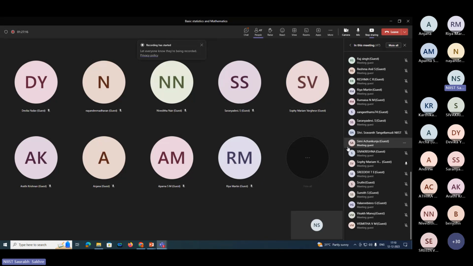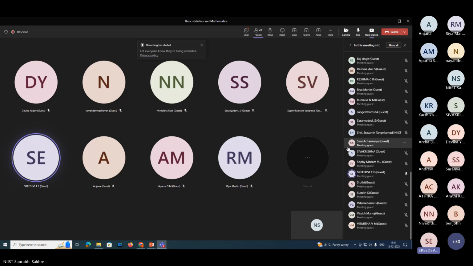Sridevi, can you hear me? Sridevi, can you tell me the difference between mean, median and mode, briefly? I'm asking about the difference between mean, median and mode, not grouped and ungrouped.